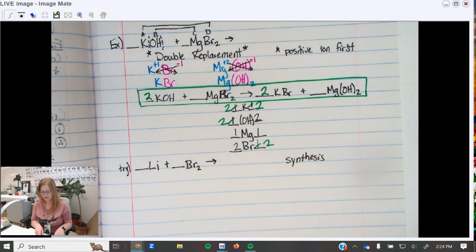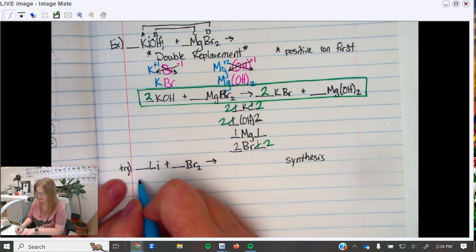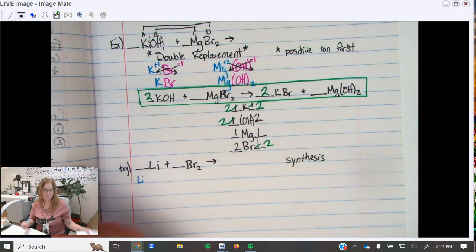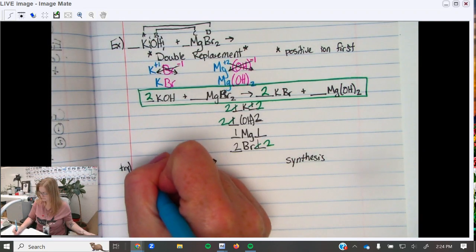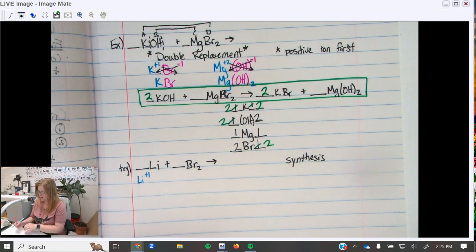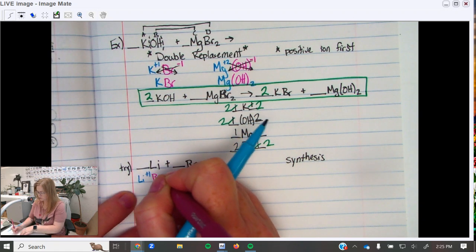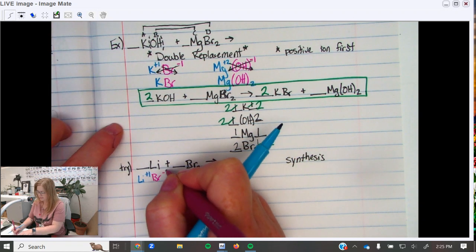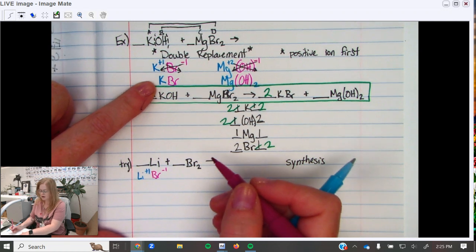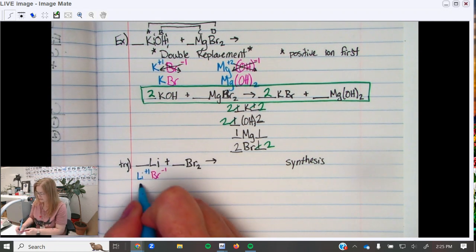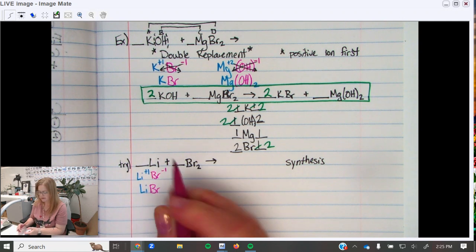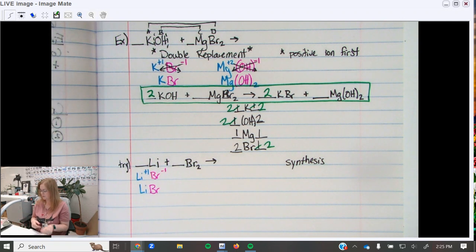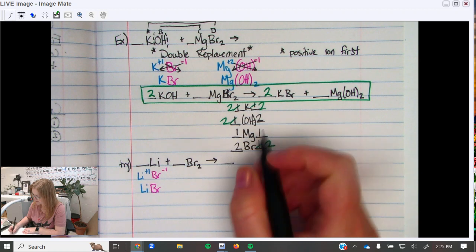So I've got my Li, which is +1. My Br, which we just did up here, is -1. And just like KBr, I'm going to end up with LiBr as my final product. So I'm going to put that up here.